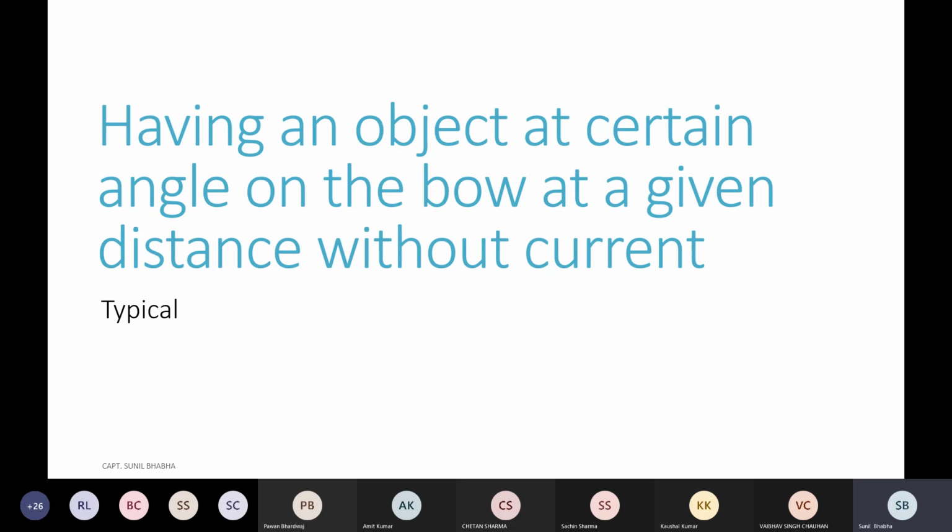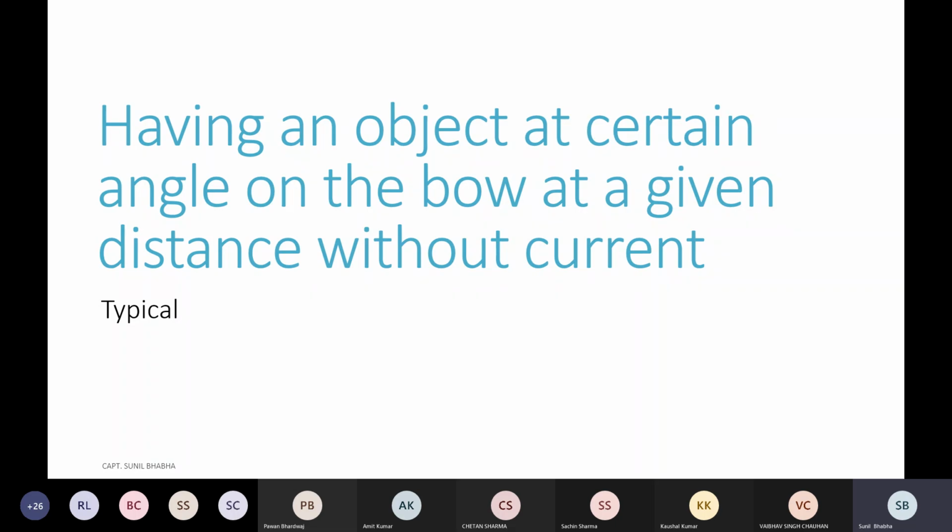But the course steered should be such that when you are a particular distance off from that object, it should be at a certain angle on your bow. For example, they could ask you to find the course to steer to have, let us say, a lighthouse 30 degrees on your port bow when it is 12 miles off.